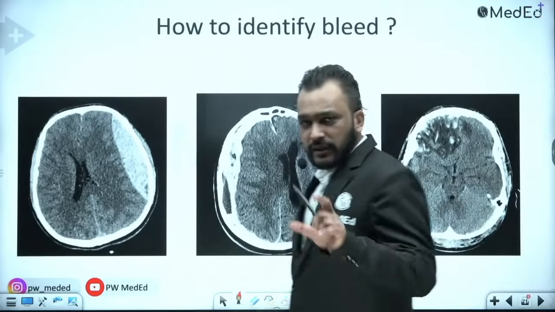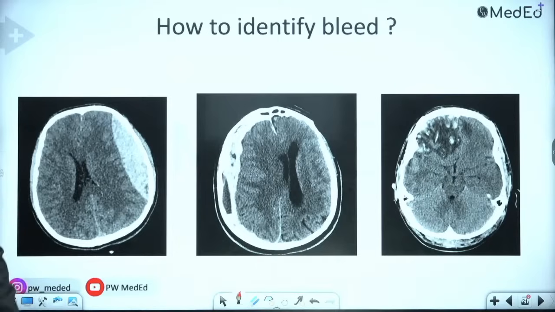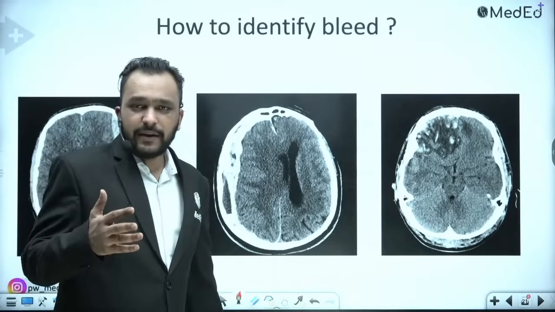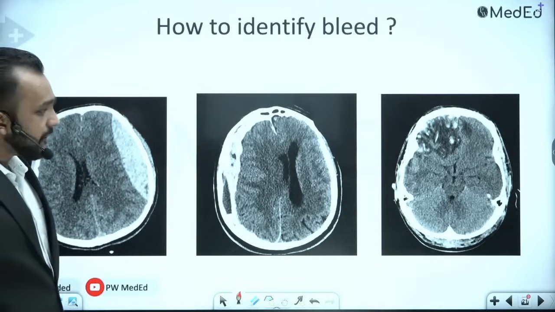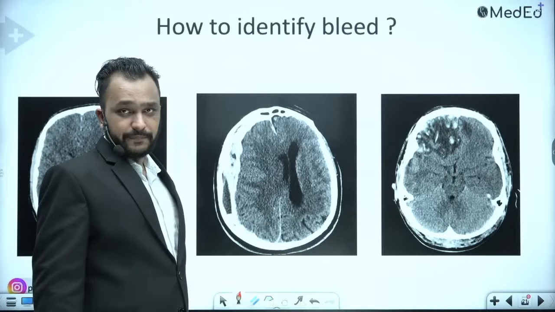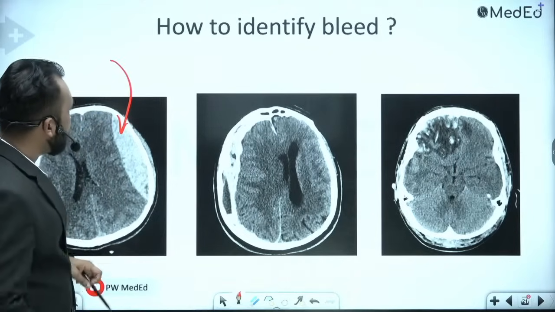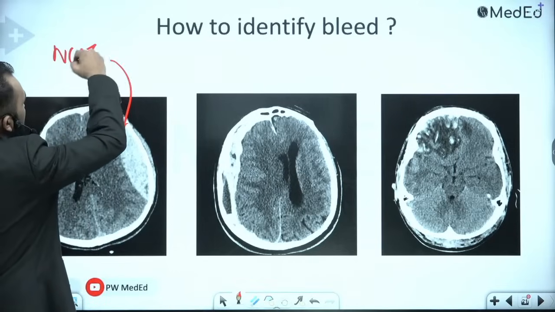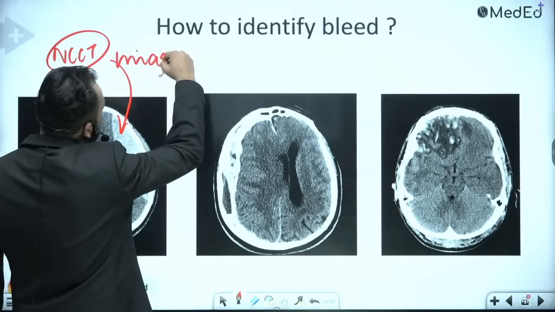Now coming to the trauma part. We have completed the infarct. Hope you are clear with the imaging features of acute infarct, subacute infarct, chronic infarct. Now let us have a look at how to identify a bleed. If you are able to see any hyperdense areas, any bright areas on the NCCT images, these will be areas of bleed.